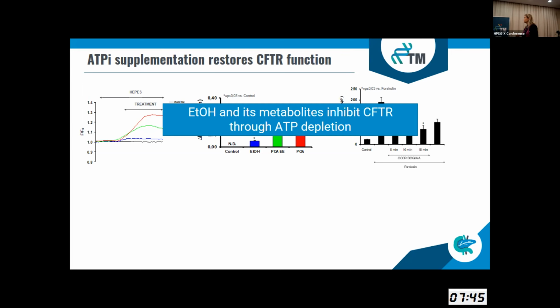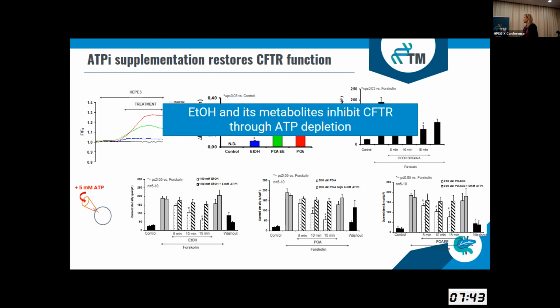These results indicate that ethanol and its metabolites inhibit the CFTR chloride channel through the depletion of intracellular ATP. Next, we tested whether, if ATP is given back to the ductal cells, it is able to restore the CFTR function. We applied 5 millimolar ATP through the patch pipette and found that it was able to prevent the inhibitory effect of ethanol, the fatty acid, and the fatty acid ethyl ester.